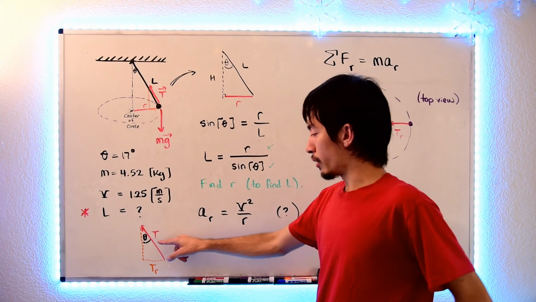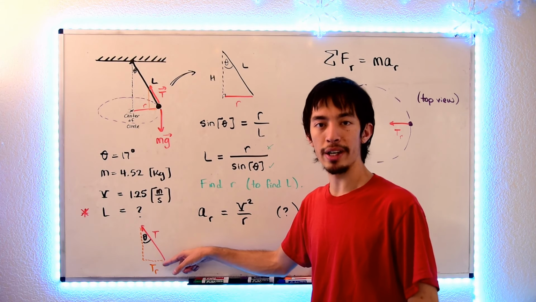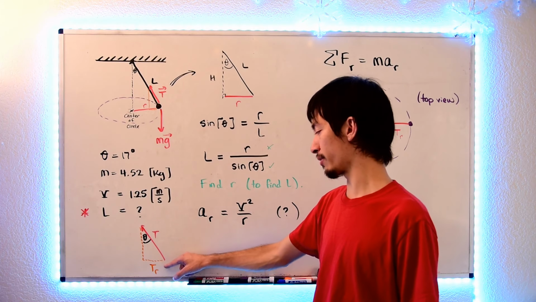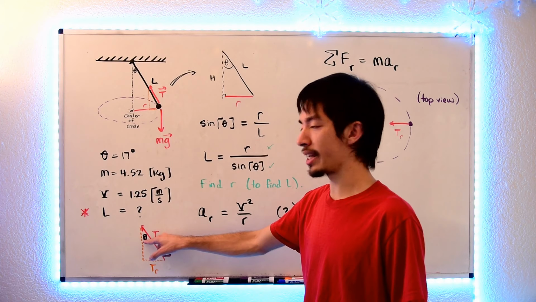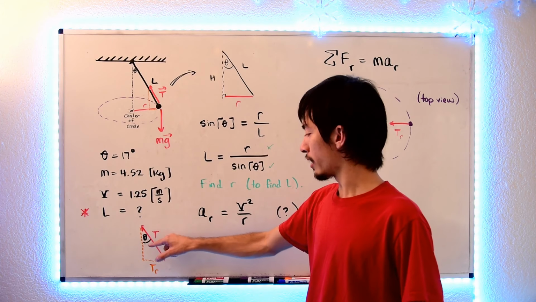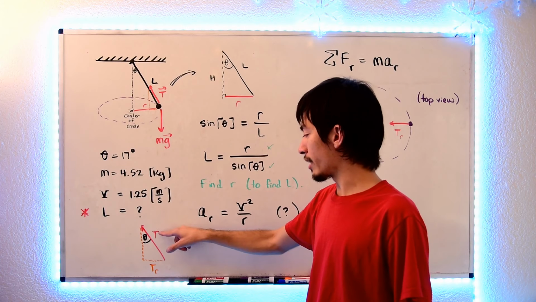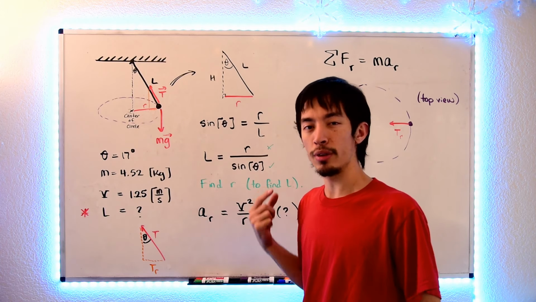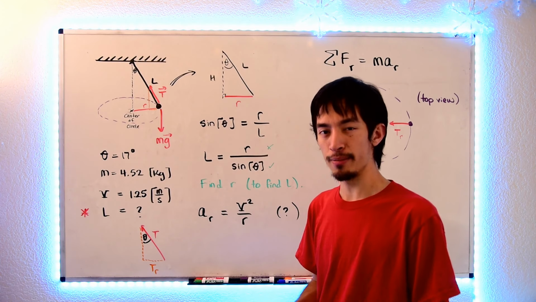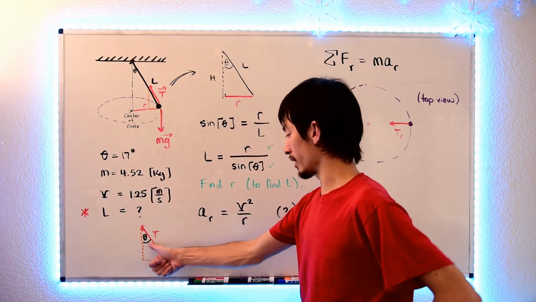So what we need to do is find a way to rewrite the radial component, TR, in terms of things we know. So for instance, the angle theta here. The angle theta is 17 degrees. Now we could also write it in terms of T as well, but we don't actually know the value for T. But there is another way to get the value of T. So I'm going to relate it here first.